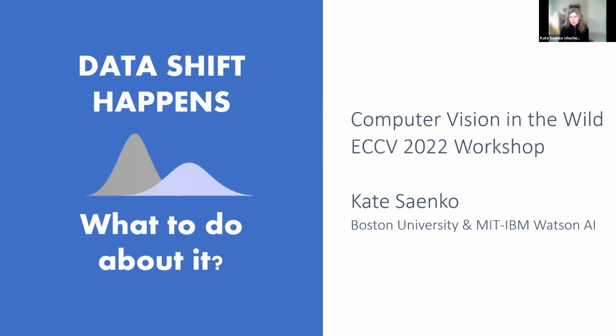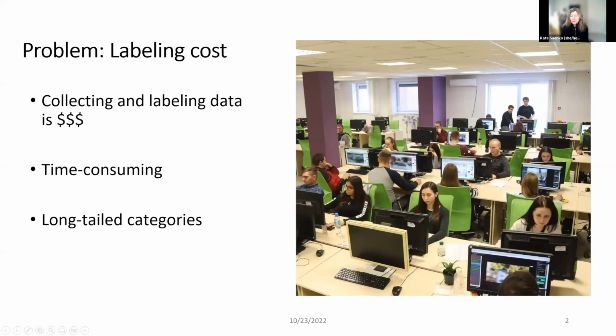And so I want to start by motivating why we are doing the research that we're doing. Essentially, the reason is labeling cost and availability of data, right? If we could collect a large enough labeled data set for any problem that we want to solve, that covers all possible kinds of input data that our machine learning model might encounter in the world, then we probably wouldn't be doing this kind of research.